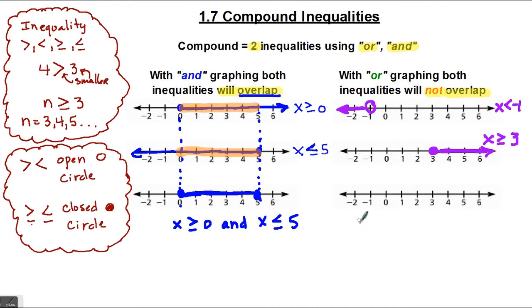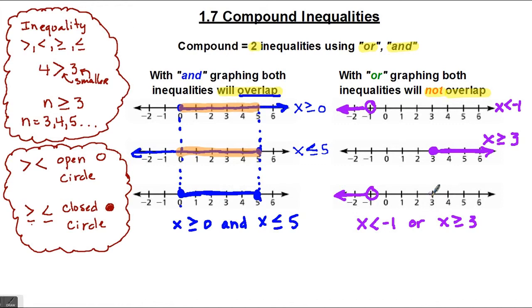Now we're going to combine this. We're going to say X can be less than -1, or X has to be greater than or equal to 3. So in this situation, we're not going to overlap. We're just going to put them all together under one number line. So we need an open circle here, pointing to the left to indicate that X is less than -1.